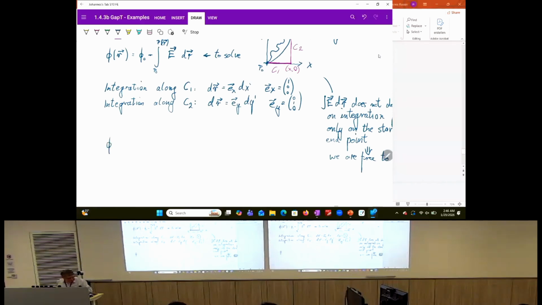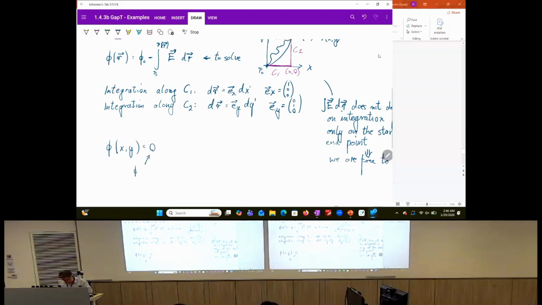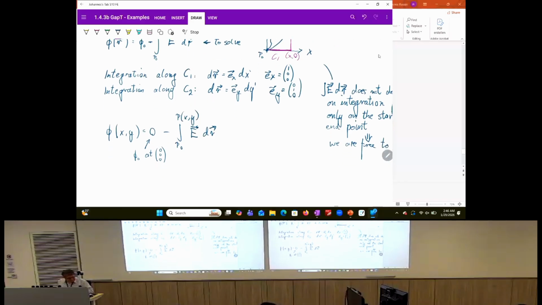We are now using the xy coordinates, and we have this 0 that we have decided, according to the problem description, that the reference potential at the origin is 0. And then we integrate from P0 to Pxy over the electric field along the line element. And now we enter these line elements.